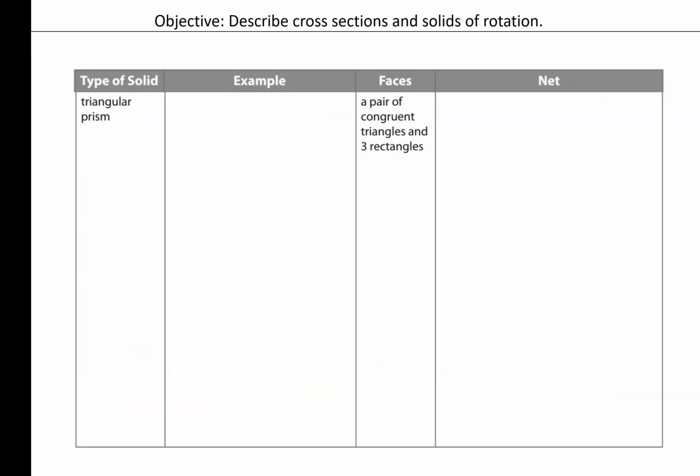Here in the next part of this table, we're given the name of the solid, a triangular prism, and the faces have been described, the sides of the prism have been described. So we have a pair of congruent triangles and then 3 rectangles. So 2 congruent triangles and 3 rectangles.